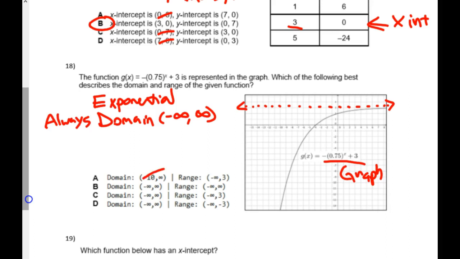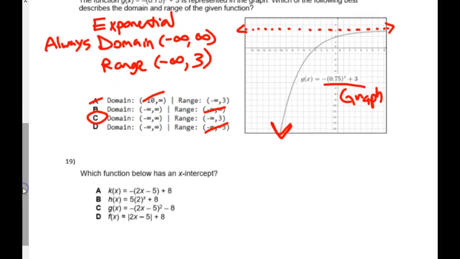So, eliminate A. The range on this one goes down forever. So it's negative infinity, up to, and not touching 3. So it'd be 3 with a parenthesis. It doesn't go up forever, it doesn't go to -3, it goes to +3.